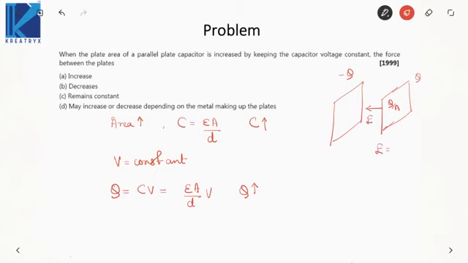This electric field is due to only one plate. I am not taking the electric field due to both the plates, because one plate cannot apply a force on itself. That is, if force exists between the plates of a capacitor, then one plate has to apply the force on the other one.